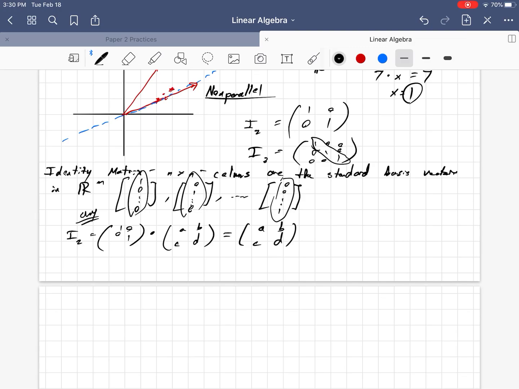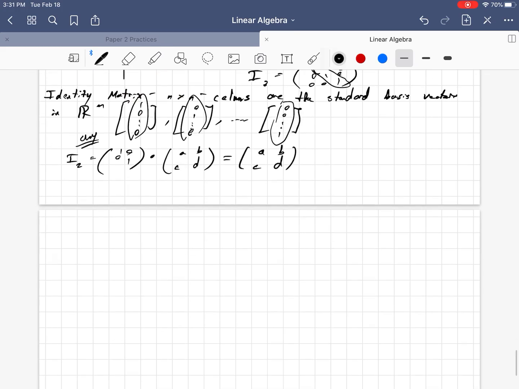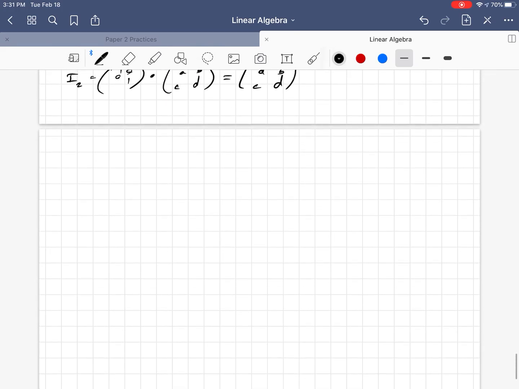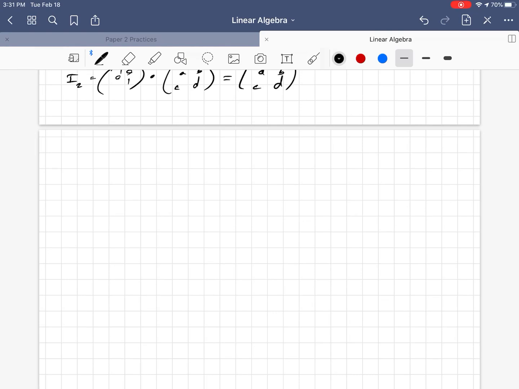The book goes on to define one other special matrix, it's really more of a derivation, which is called the rotation matrix. And what the rotation matrix does is it takes a point.